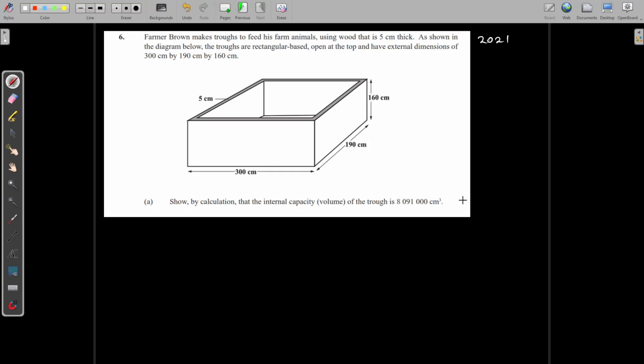Alright, so they want volume, but they said that it's the internal capacity. What that means is we will have to factor out the thickness of the wood that has been used.